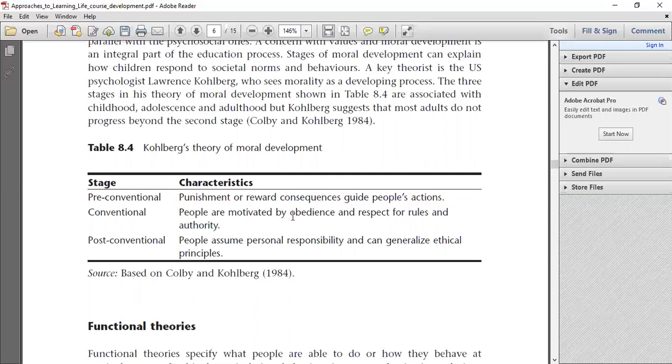For example, standing in a queue helps the bank and the people to process whatever they are doing, whether people are withdrawing money or depositing money, making that procedure easier for everyone, for the customers and for those who work in the bank.